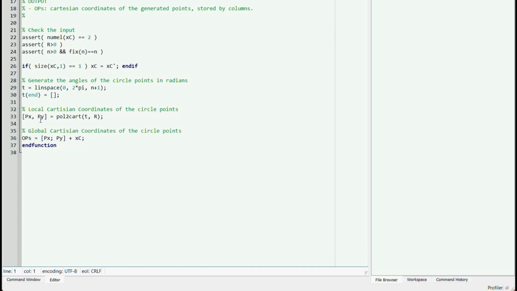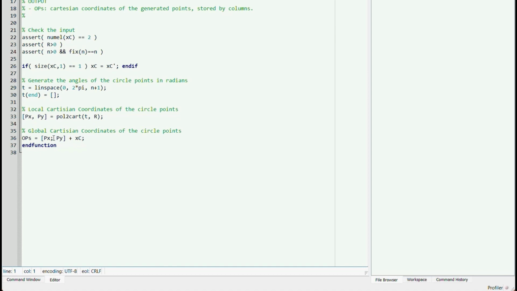We cannot use a matrix here because we have to follow the header or the implementation of pol2cart. Pol2cart tells us to put the x and the y coordinates separately into row vectors. Then we gather them in a matrix. The first row for the x coordinates.